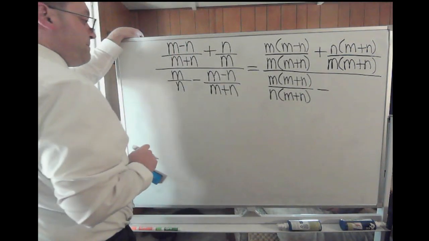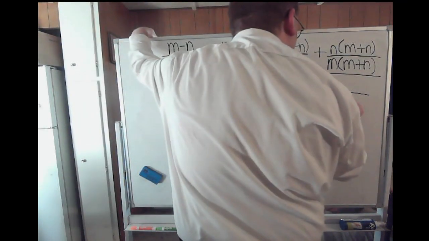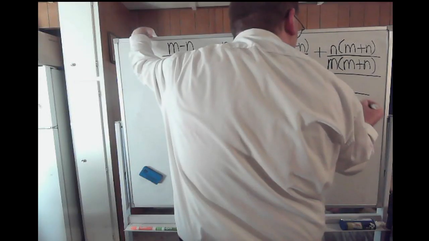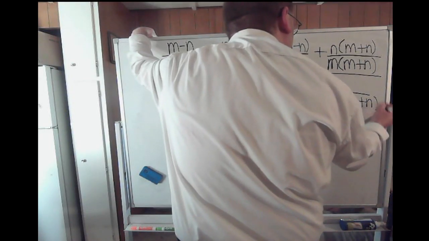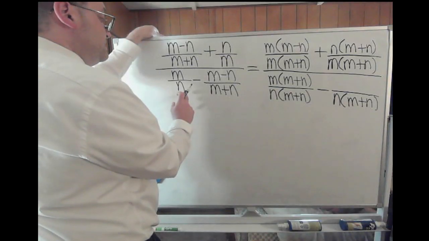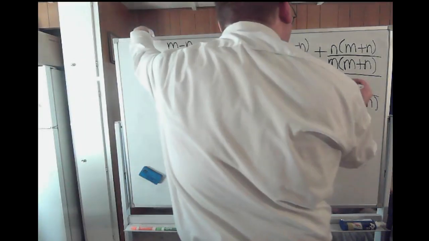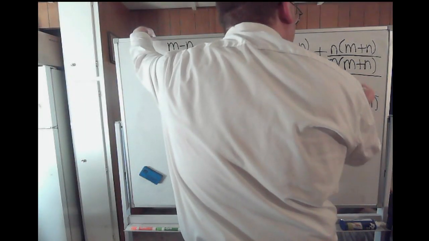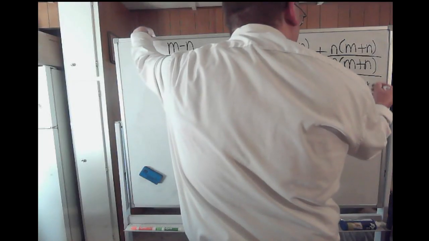Now, I also need to make that second fractional expression have a denominator of n times (m plus n), which means I've multiplied that m plus n times n. So that means I got to take that m minus n multiplied by n.